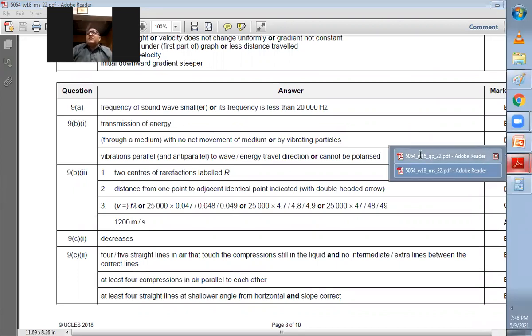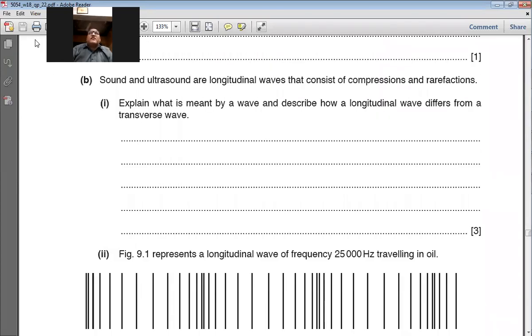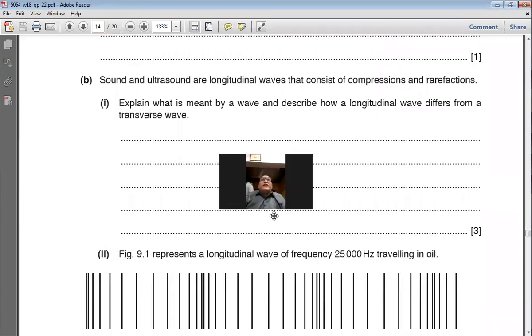Let's do the B, next question. Sound and ultrasound are longitudinal waves that consist of compressions and rarefactions. Explain what is meant by a wave and describe how a longitudinal wave differs from a transverse wave.